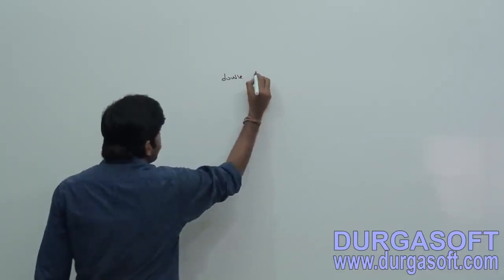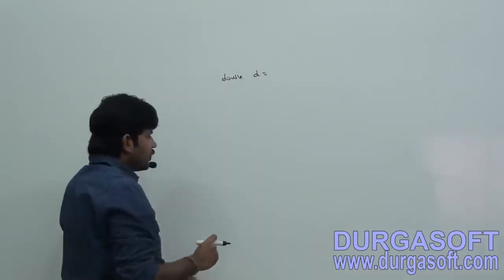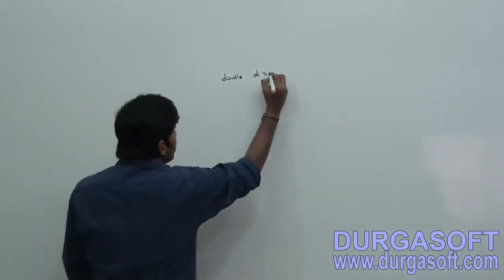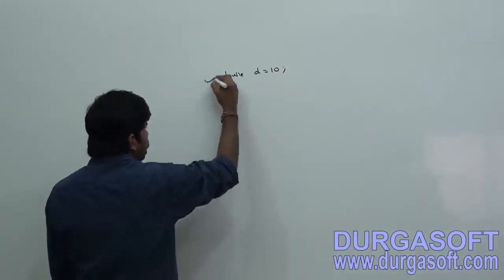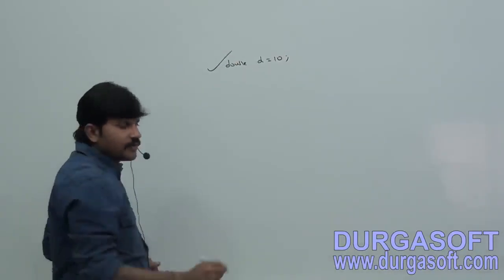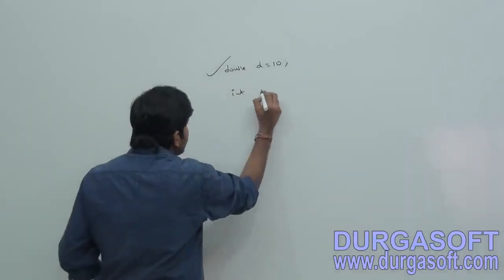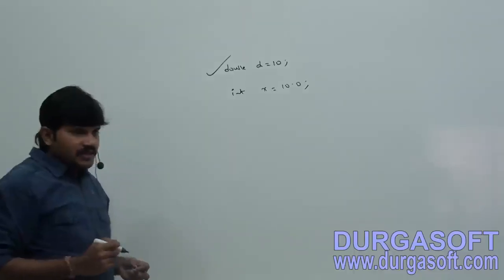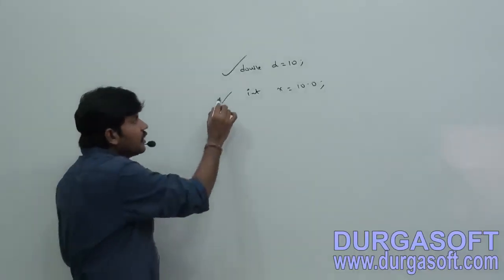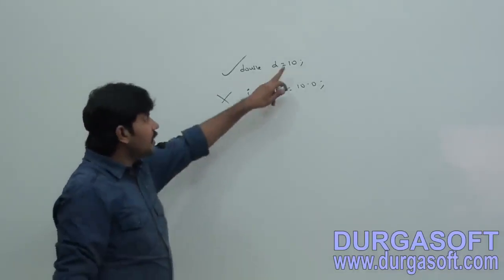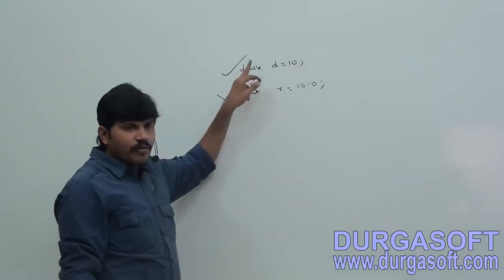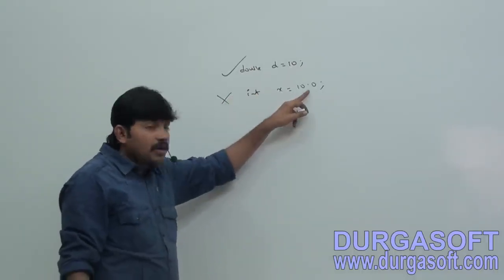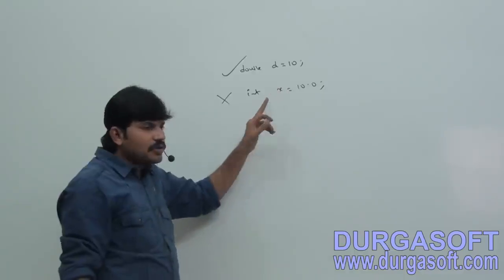Double d = 10, valid. Just now we covered: int x = 10.0, valid or not? Invalid. Because an integral literal we can assign to a floating point variable, but a floating point literal we can't assign to integral types.